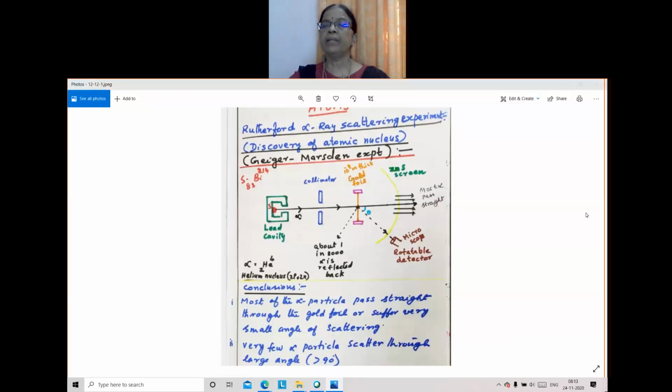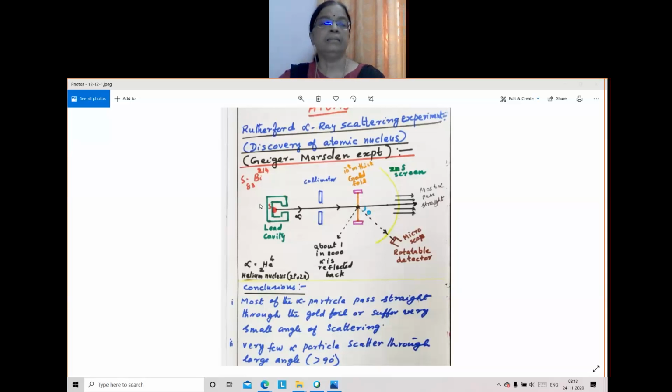It can be made very, very thin. 10 raised to minus 8 meter means such a thin material. That is a gold foil.